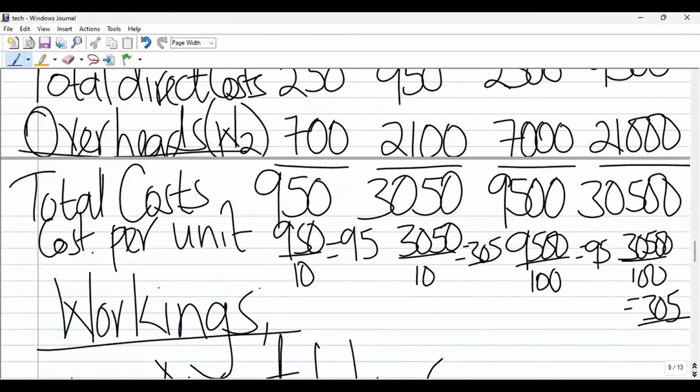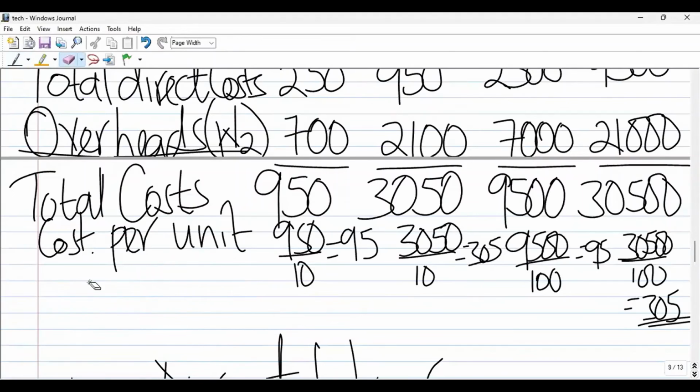And that is all about that. Anyone who has a question about the traditional costing system, please ask, before we go to ABC.